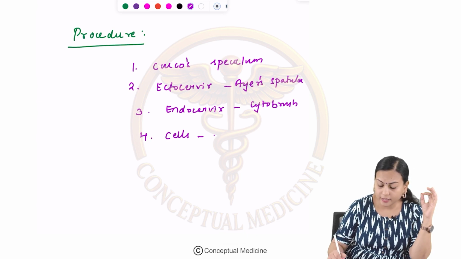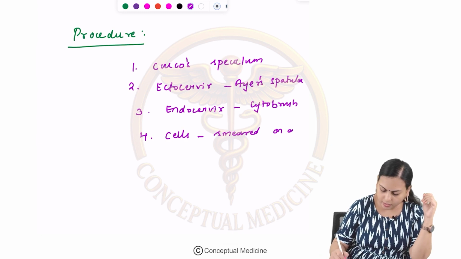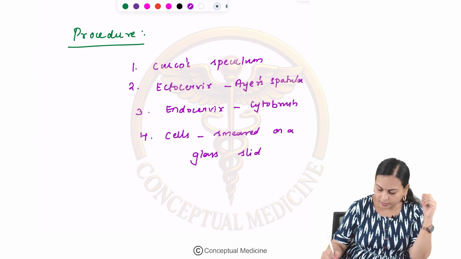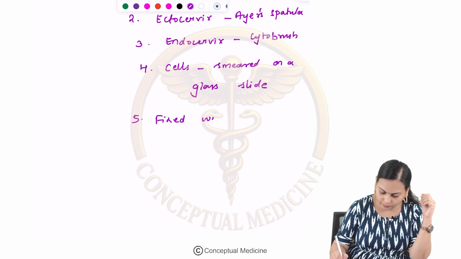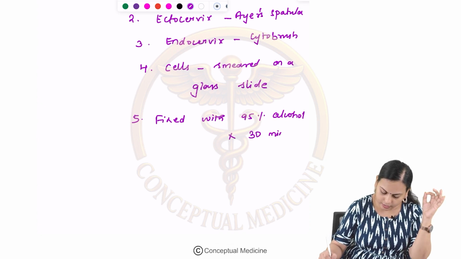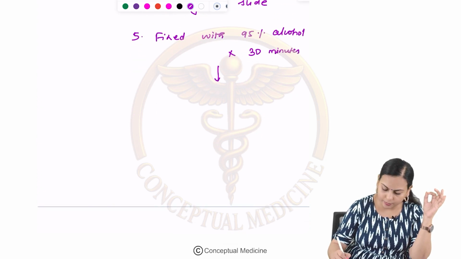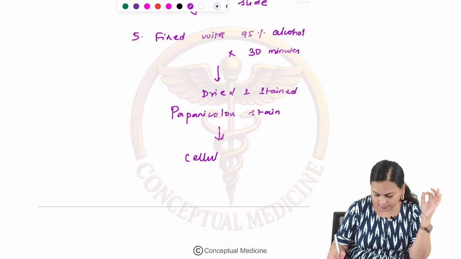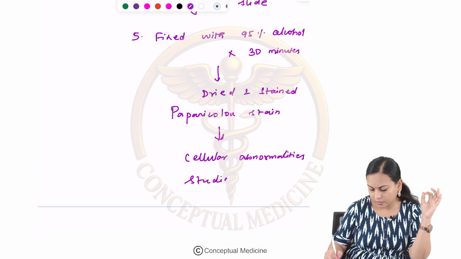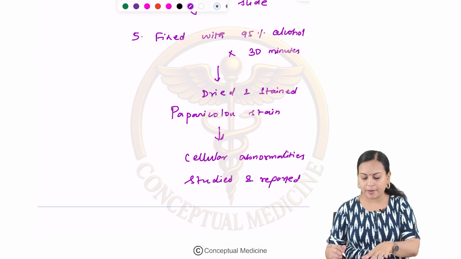The cells are then smeared on a glass slide, and then finally it is fixed with 95% alcohol for at least 30 minutes, and then dried and stained with Papanicolaou stain, and then the cellular abnormalities will be studied and reported. Clear? So, this is how a pap smear is done.